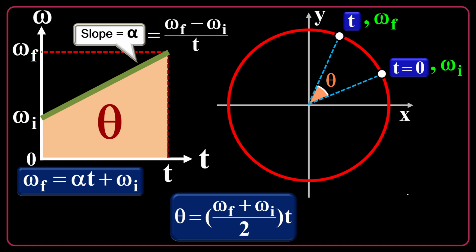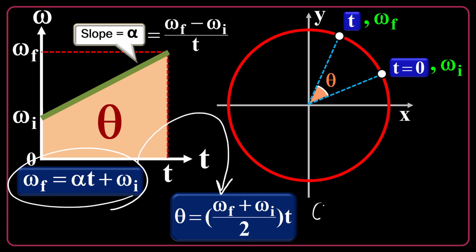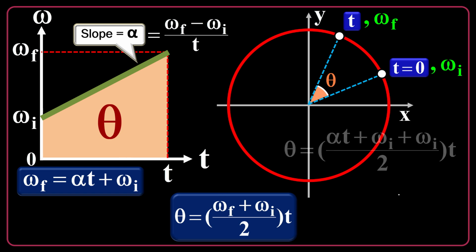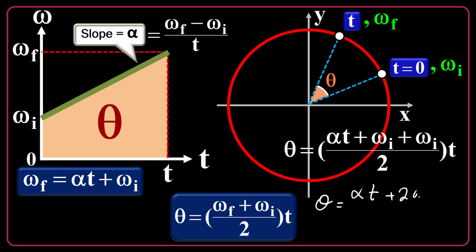Moreover, you can substitute for omega final in this equation. How? Look, theta is omega final plus omega initial, times t, divided by 2. But omega final is also omega initial plus alpha t. If we do that, we have this equation. So theta is alpha t plus 2 omega initial, divided by 2, times t.